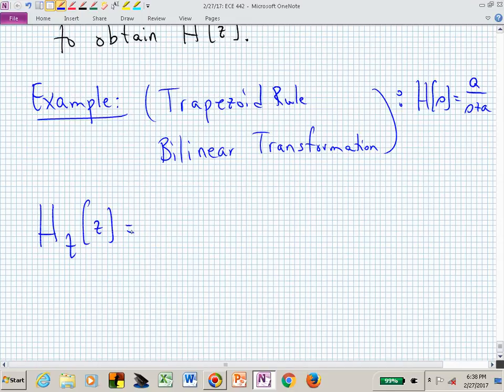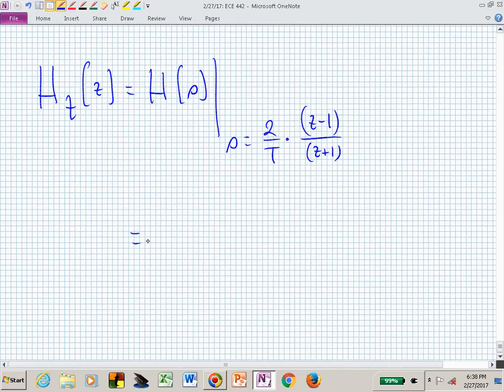I now have h sub t of z is now h of s, where s I'm replacing with capital 2 over t times z minus 1 over z plus 1. Or, this is now a over 2 over t, z minus 1, z plus 1, plus a.